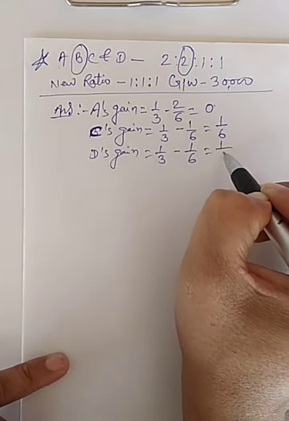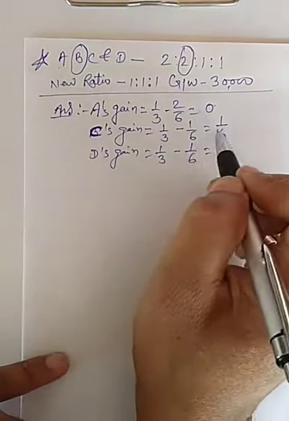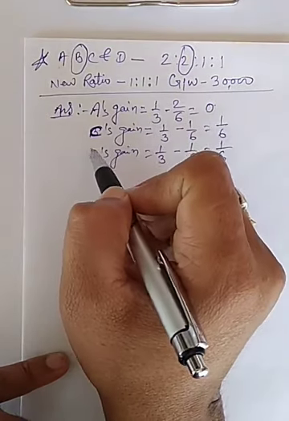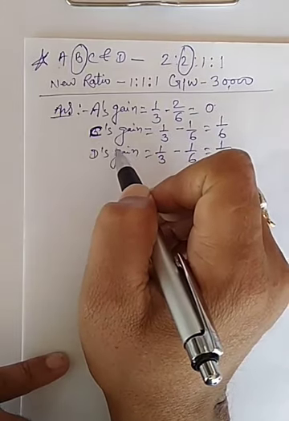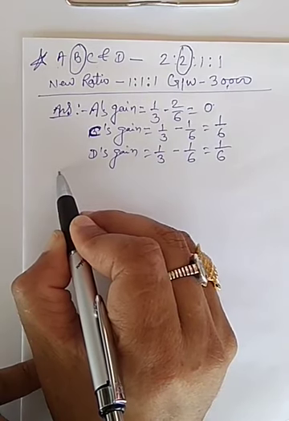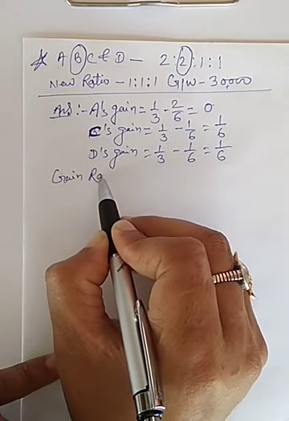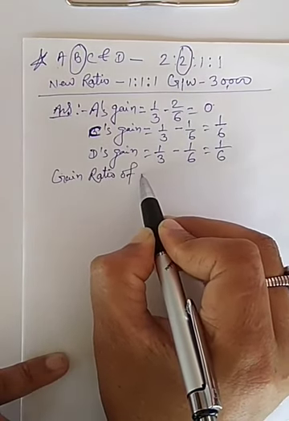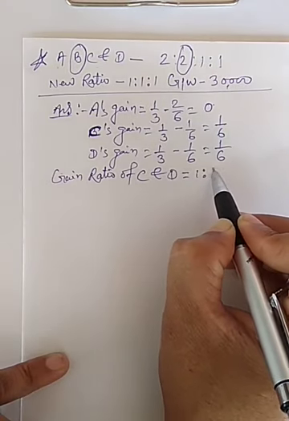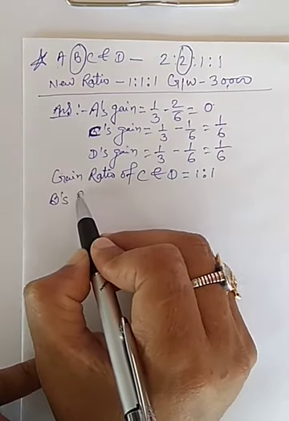So it will also be 1/6. In this question, we can see that A has no gain, but C and D have gained 1/6, 1/6. So I will calculate the gain ratio of C and D only. It will be 1:1.